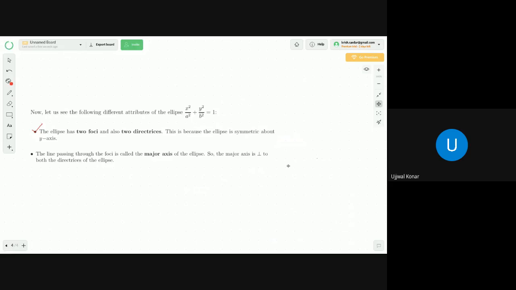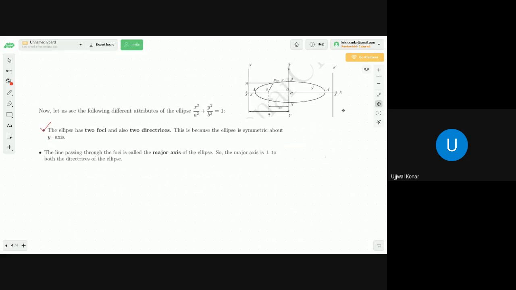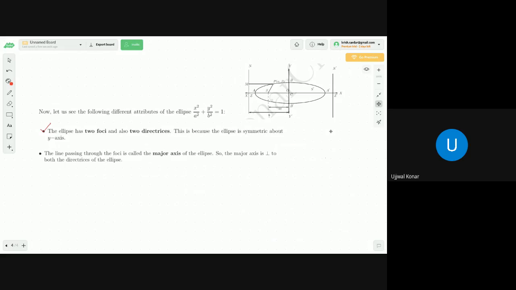If you see, dear students, if you look into that ellipse, the line passing through the foci, that means these are the two foci, one is S and the other one is S dash, that is called the major axis.